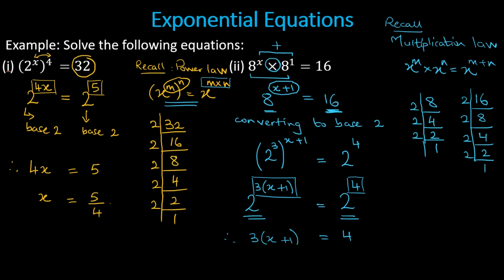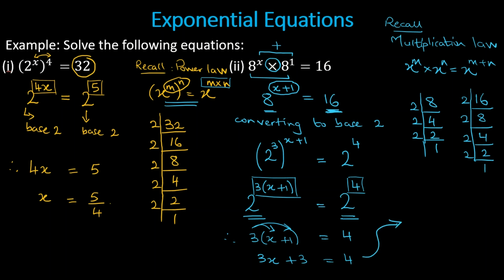And an equation like this, it's grade 7 level. You can easily solve by expanding the bracket. 3 times x is 3x. 3 times plus 1 is plus 3. And this is equal to 4.